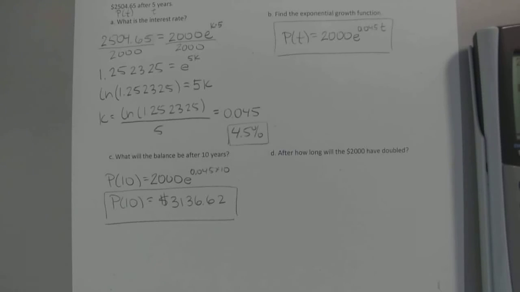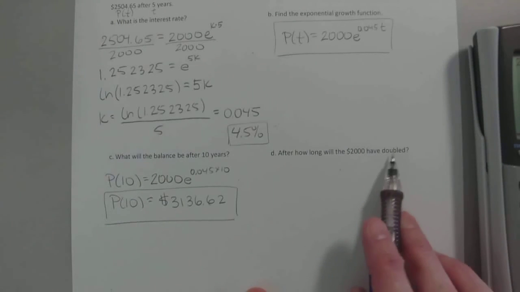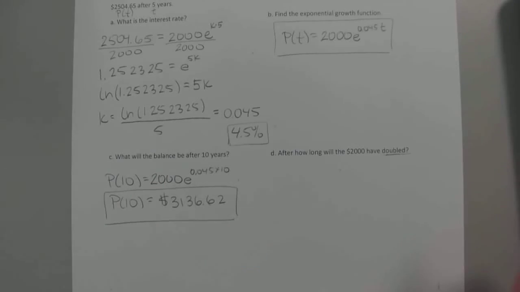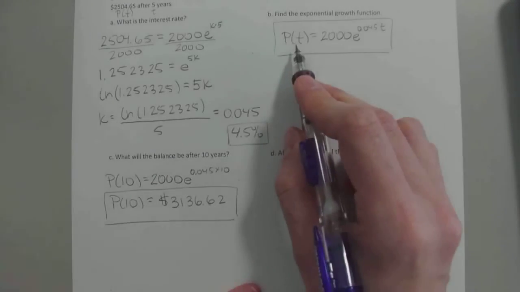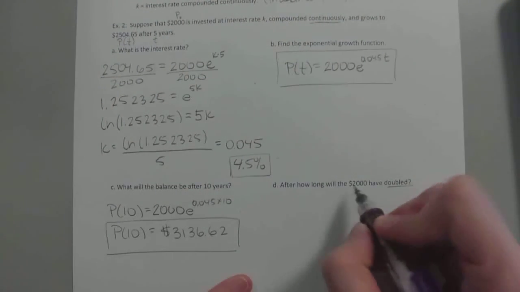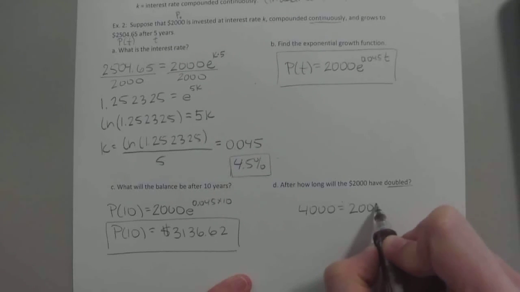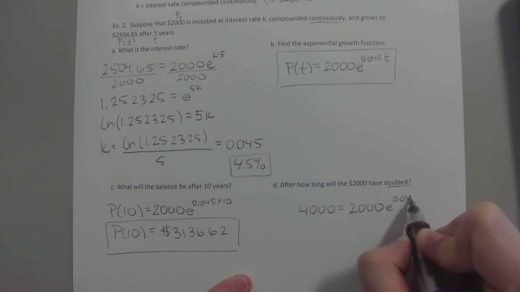All right. So D is just kind of like what we did at the front. It's like, I really want this to double. I need $4,000 because I want to buy a car. I need that money. How long will it take $2,000 to have doubled? Well, again, they're asking for how long, so we don't know T, but we know our initial amount, and we know doubling will give us a what ending amount? What will be our ending amount?